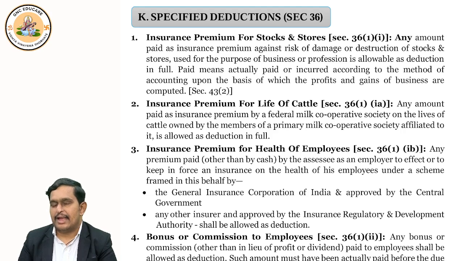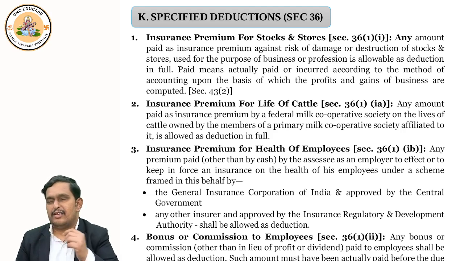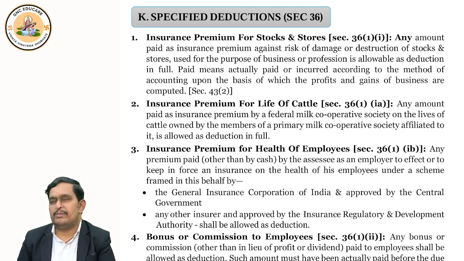Now, think of Amul as an organization or a cooperative society that takes insurance of all these cattle maintained by the farmers. Then the insurance premium which Amul pays is allowed as deduction for Amul. Because of this, if the cattle dies, Amul will claim compensation from the insurance company and pay the farmer so that the farmer can buy one more cattle.